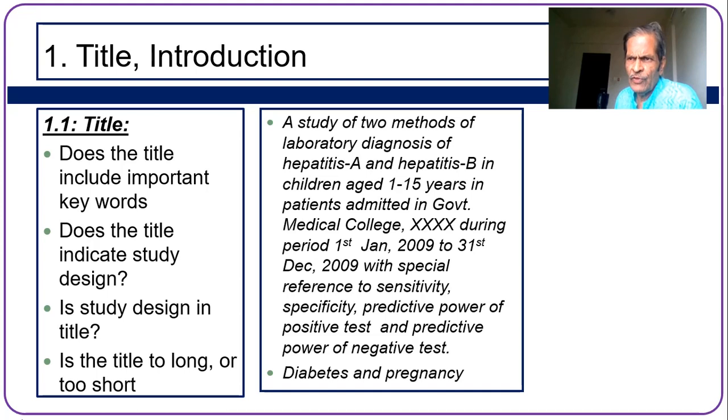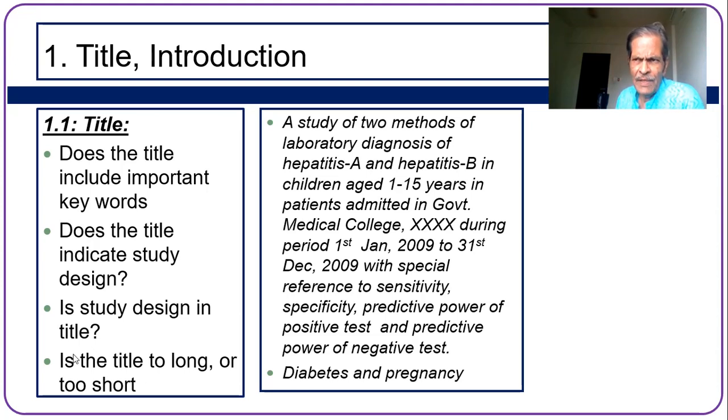For example, if we say that my article is trying to show an association between a disease and the risk factor, then the person who is reading can draw the inference that probably this is some sort of analytical study, either a case control study or a cohort study or a cross-sectional type of analytical study.